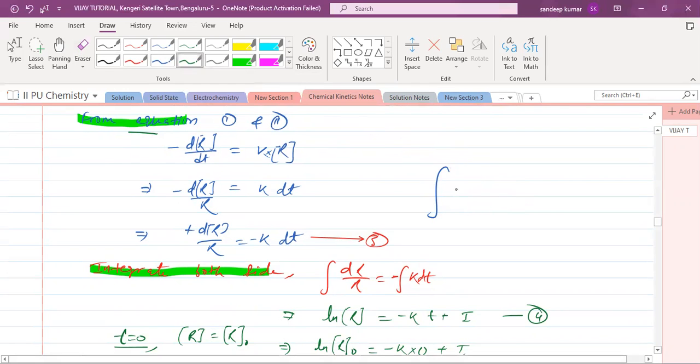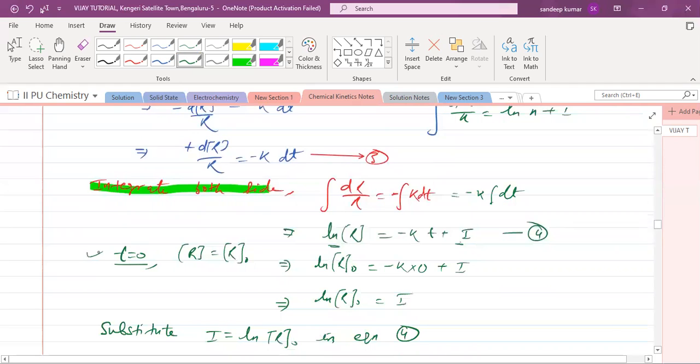We have a formula in integration: integration of dx by x is ln x, and integration of dx is equal to x plus I, where I is a constant of integration. So integration of dR by R is ln R. That is equal to, k is a constant so we take it out, minus k into integration of dt, which is minus kt plus I, where I is a constant of integration.